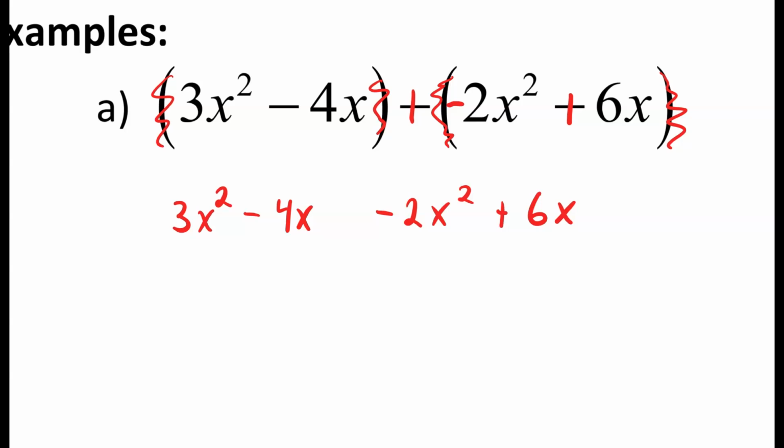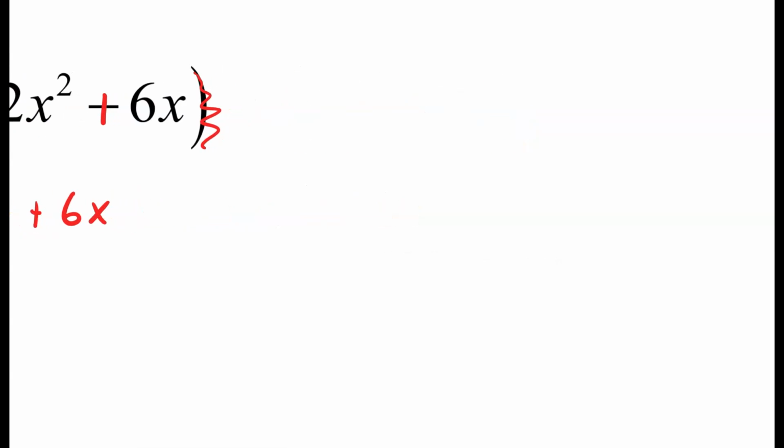Now, we can do this left to right, or we can do this vertically. Again, it's your choice how you want to solve this polynomial. I'm going to show you on the side here what it's going to look like vertically, because a lot of you are comfortable with the left to right method. So we'd have the 3x squared subtract 4x.